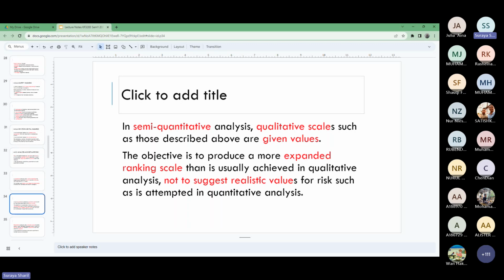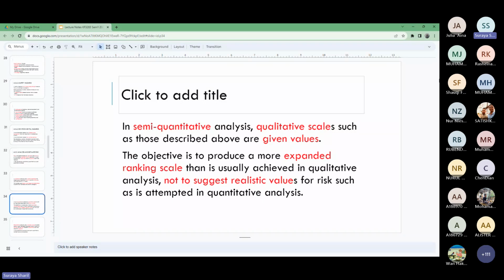Let's say it is given using a Likert scale, 1 to 5, for example. 5 is extremely dangerous, and 1, let's say, is not dangerous at all.